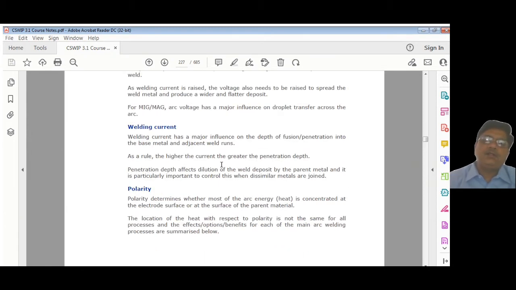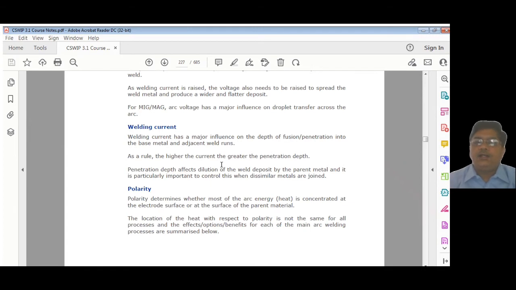Welding current is a major influence on the depth of fusion and penetration. That is why we say that with electrode negative you will have higher penetration, and with electrode positive, medium penetration. So current has a major influence on the depth of fusion and penetration. Next, base material and adjacent weld length.